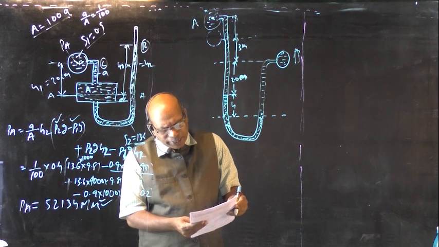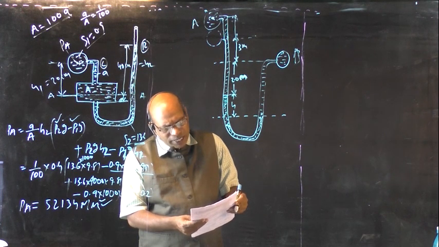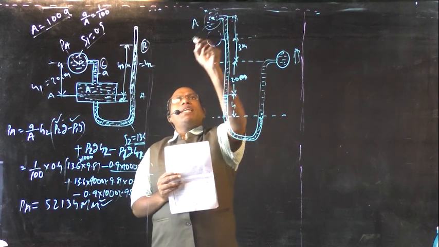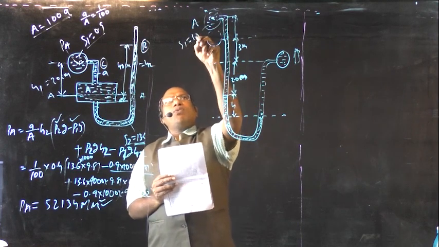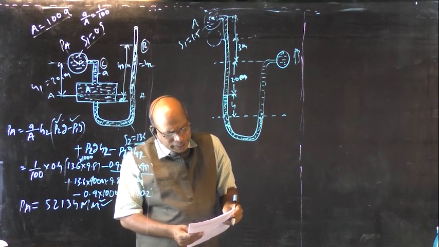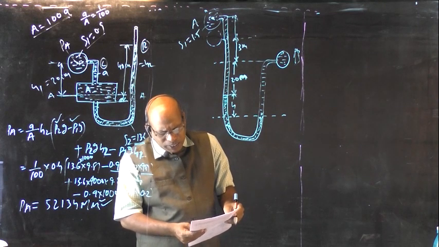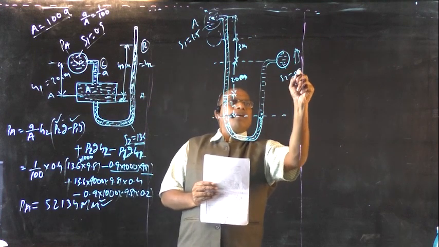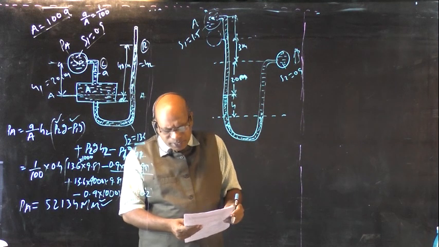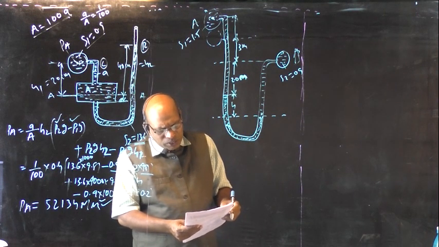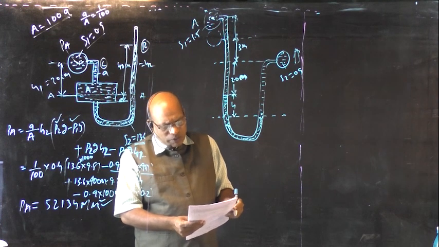Here a differential manometer is connected at 2 points A and B of 2 pipes as shown in the figure. The pipe A contains a liquid of specific gravity 1.5, specific gravity S1 is equal to 1.5, while pipe B contains a liquid of specific gravity 0.9, specific gravity S2 is equal to 0.9. The pressures at A and B are 1 kg force per cm square.